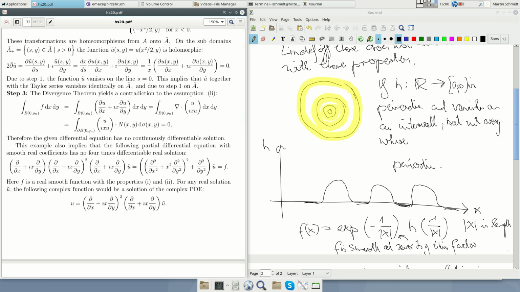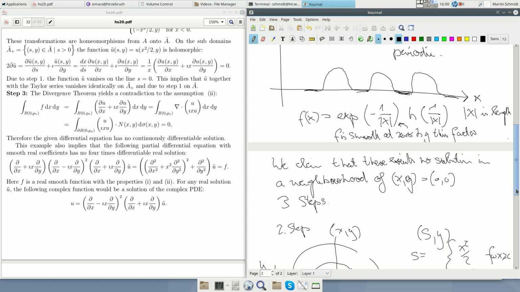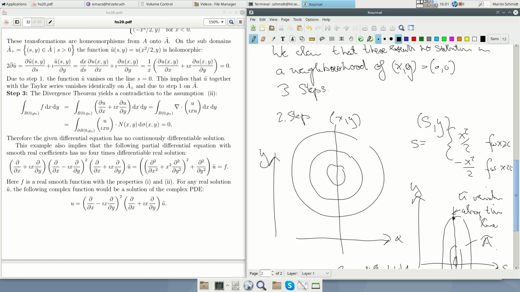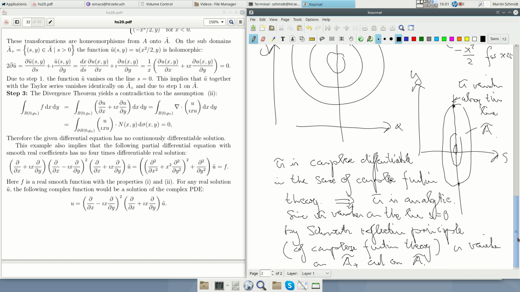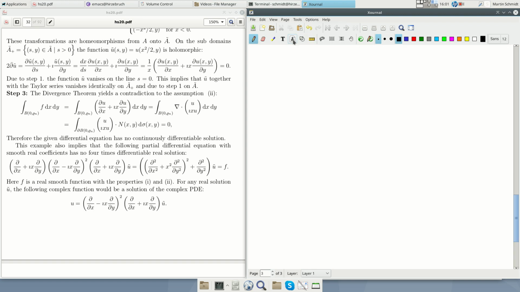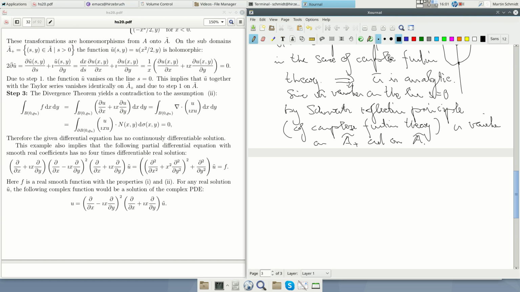So contradiction. So there cannot exist a solution, because for any solution we get a contradiction, and this implies that there is no solution.